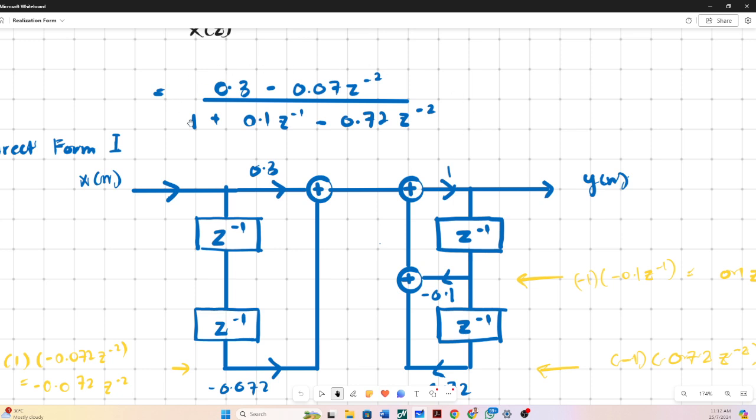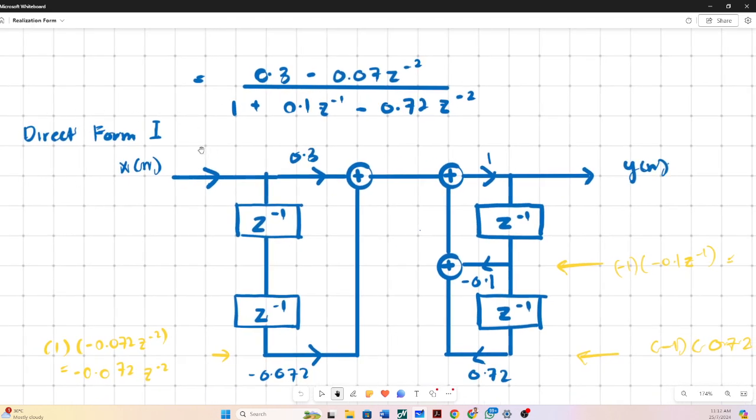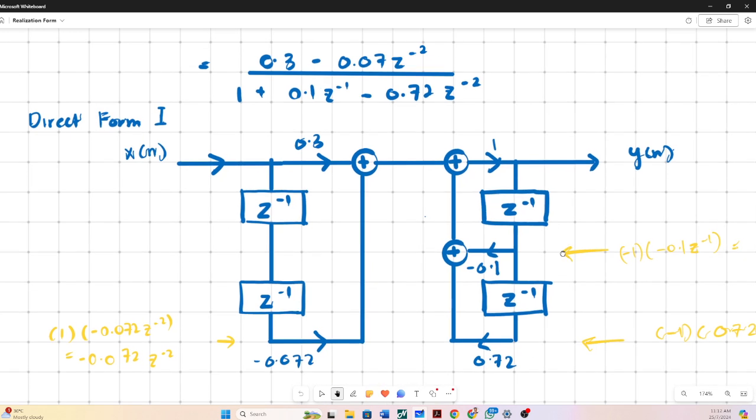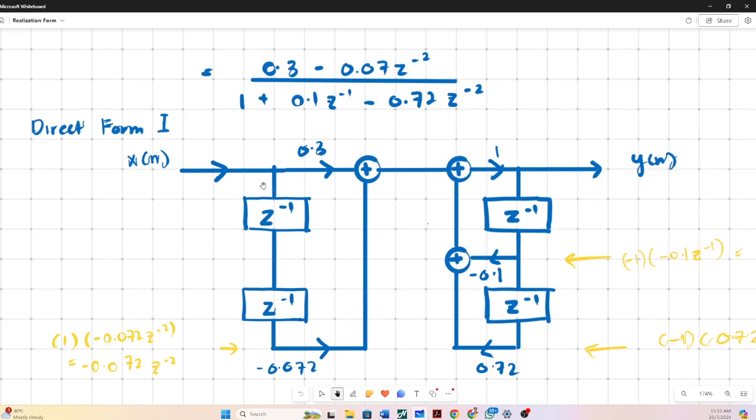So from here, we can directly transform the equation into direct form 1. This direct form 1 is a representation of our system. The left side represents the input side, the X elements, and the right side represents the output, Y(z).